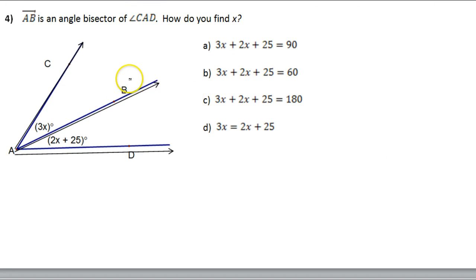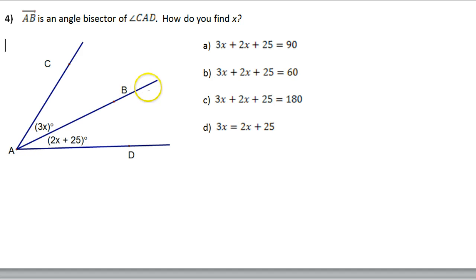Number 4. AB is an angle bisector of CAD. How would you find X? If AB is an angle bisector, then, alright, there's some extra lines in there that were bugging me.